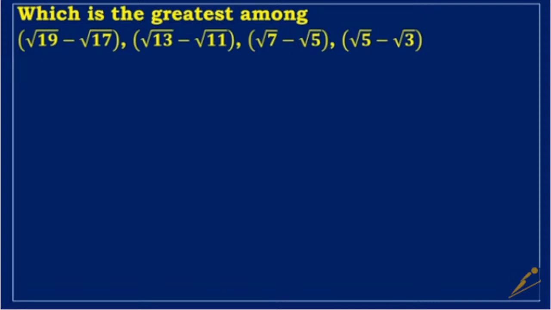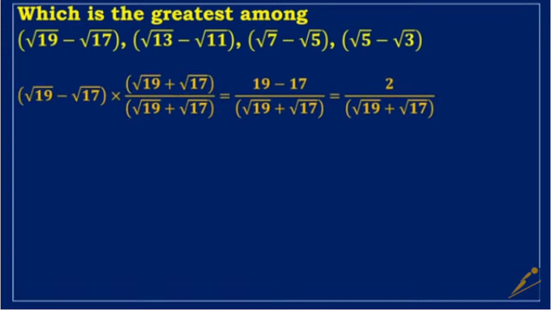You can rationalize the square root of 19 minus the square root of 17 by multiplying the numerator and denominator with the square root of 19 plus the square root of 17. Multiplication can be transformed into a difference of squares using the rule a minus b into a plus b, which is a square minus b square.